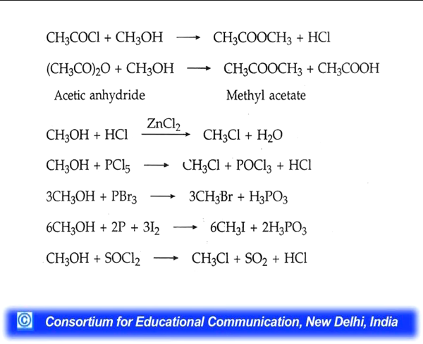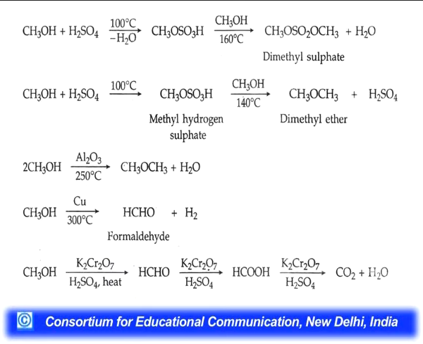When it reacts with PBr3, bromomethane is the product. When it reacts with phosphorus along with iodine, iodomethane is the product. When it reacts with thionyl chloride, again the chloromethane compound is there.